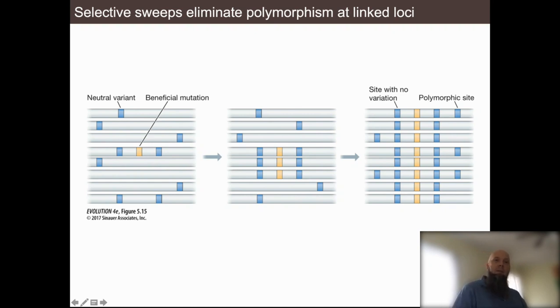When I say sites, I mean a place where there is a variant. When there are multiple copies of a variant, so the one that is labeled neutral variant, there are 3 copies of that out of 8 in the population. So just imagine that 3 out of 8 copies of that chromosome in the population have the variant, and 5 out of 8 do not. So that's a pretty high frequency.